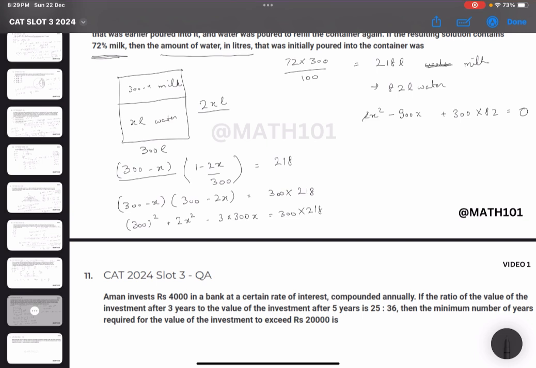We'll divide the equation by 2 on both sides. We get x square minus 450x plus 300 into 41 equals 0.